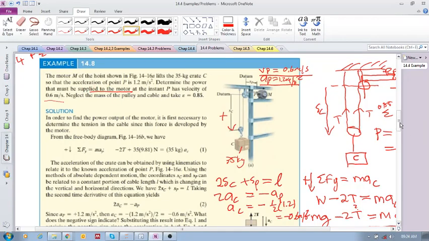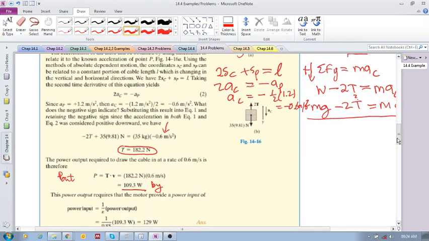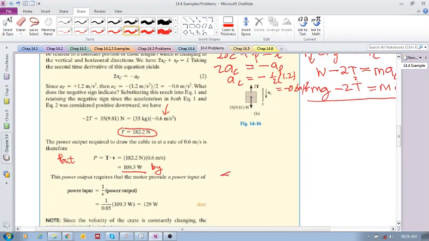This is power supplied by the motor. We've got mechanical efficiency is P out over P in. To solve for P in, we say P out divided by mechanical efficiency, and we get 129. And this makes sense, because P out can never be equal to or more than P in. P in is always larger than P out, mostly because of friction losses. All right, hope you're getting it.